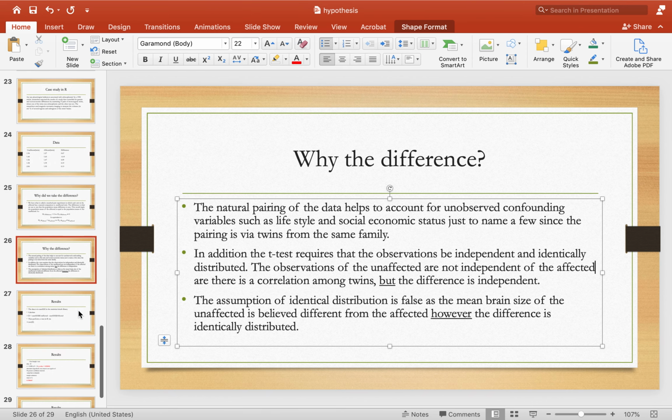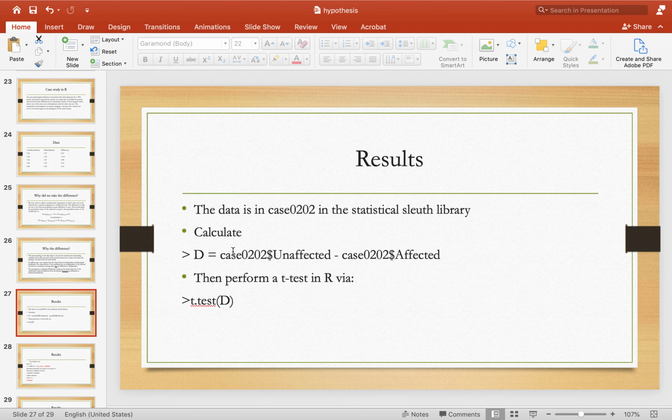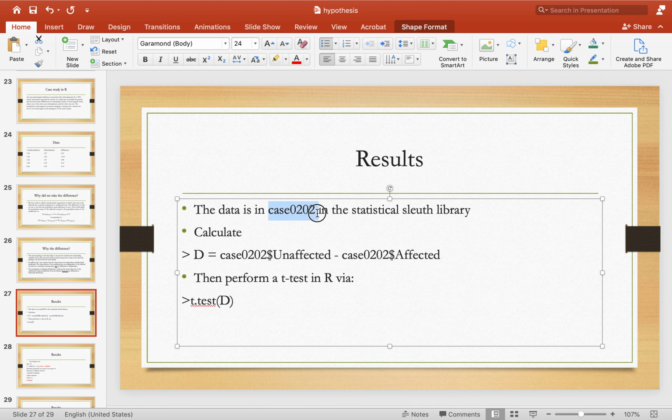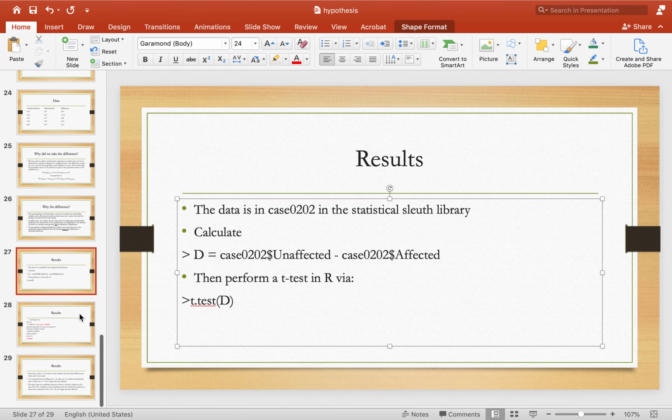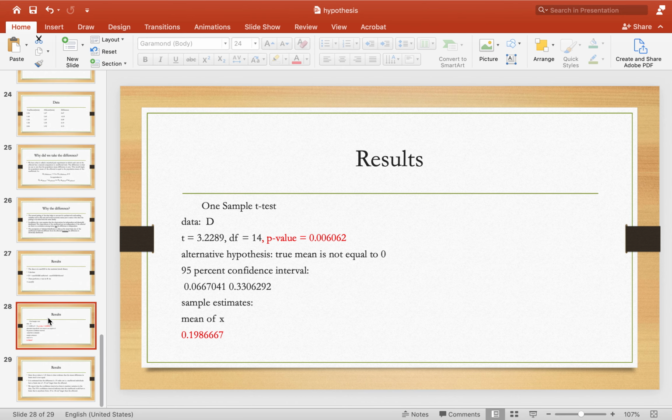Okay, and then if I want to perform this in R, it's in the Statistical Sleuth, case 0202, and I calculate a difference via this. Then I can run the t-test in R with that command, and this is the output. Okay, the p-value, the level of alpha associated with this test, and remember, the p-value is the level of alpha, is less than 1%, it's 0.006.